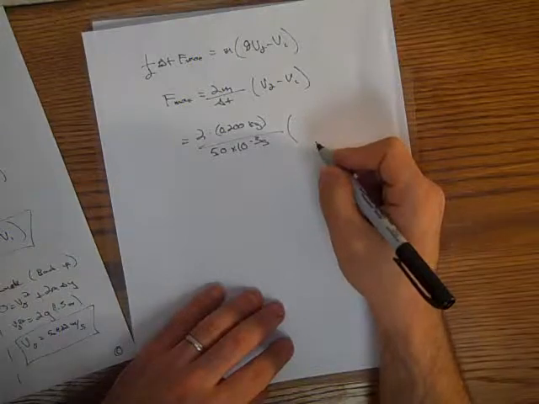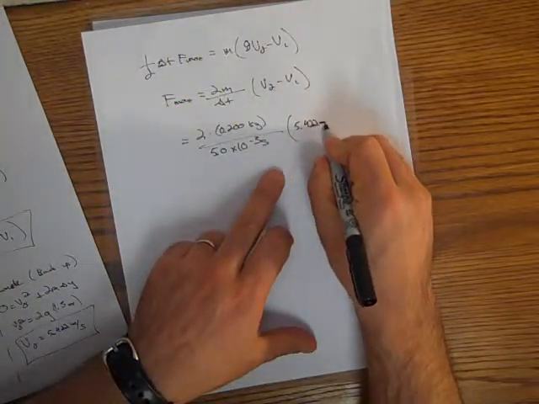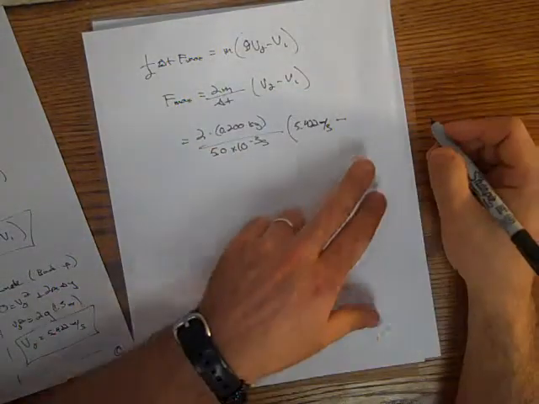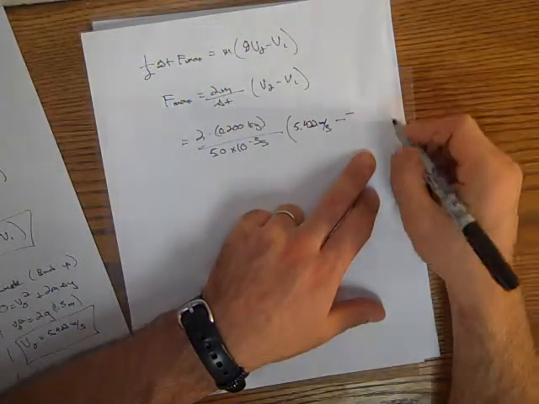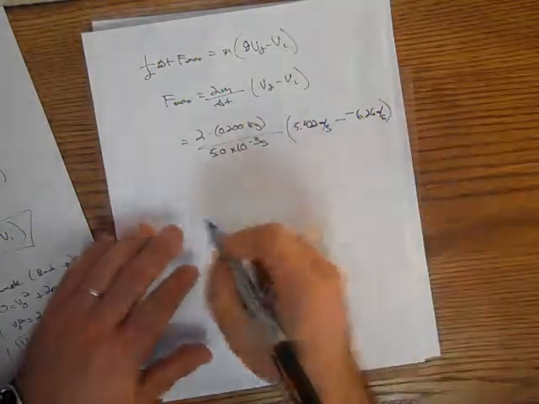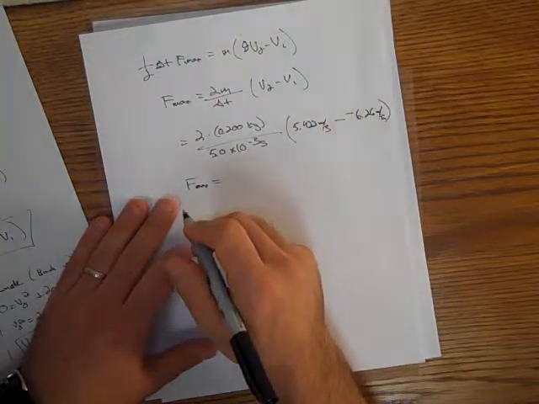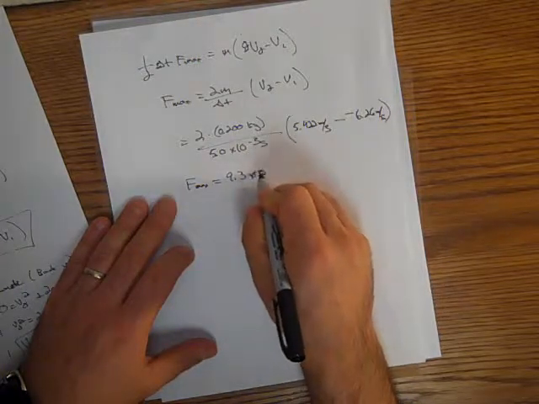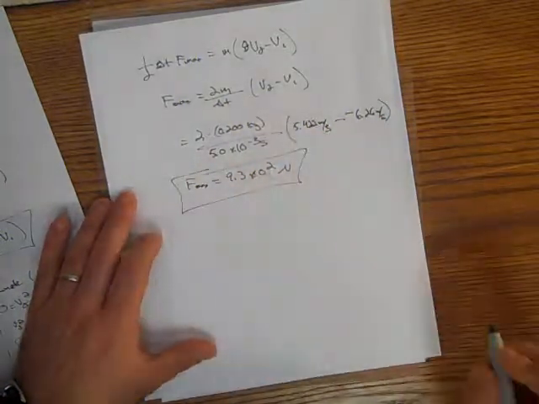And I plug in what I had before, v2, which is 5.422 meters per second, minus v1, and like I said, we found the speed before, but now v1 is actually negative 6.26 meters per second. When I plug all that in, I get a maximum force that's 9.3 times 10 to the 2 newtons, or about 930 newtons.